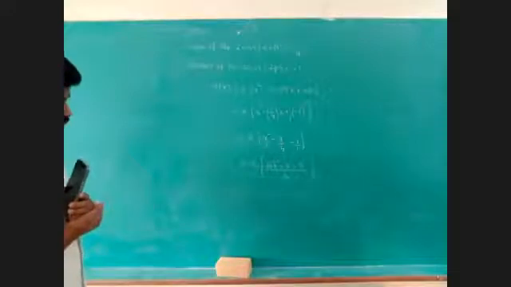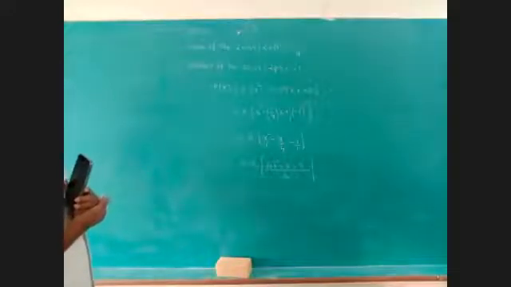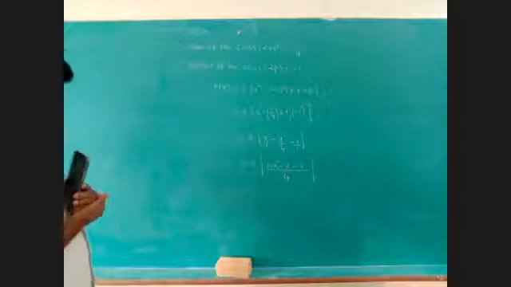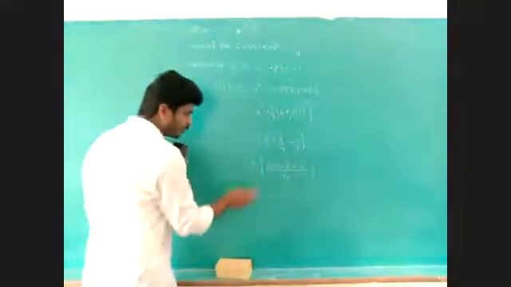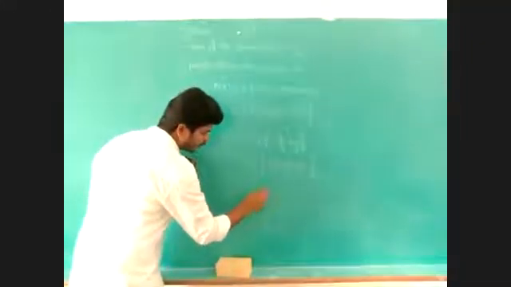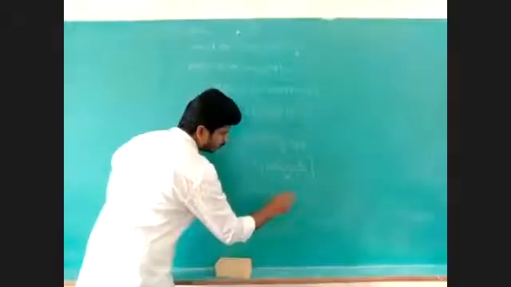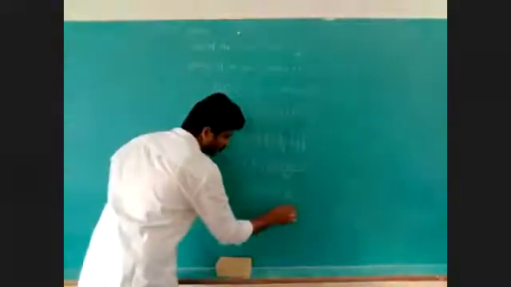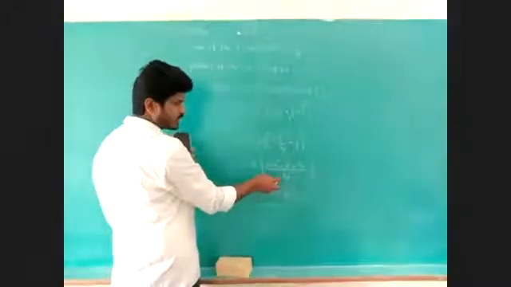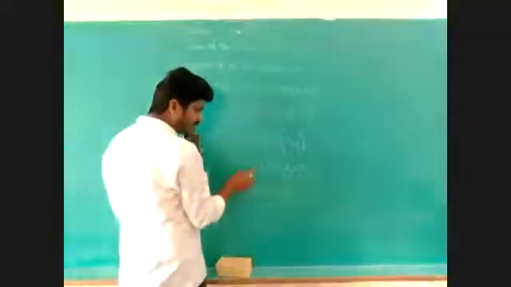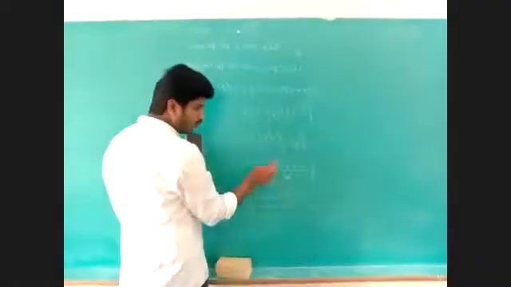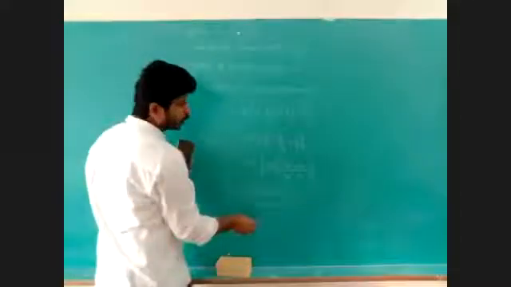Yes, sir. Now here we should put k equal to 4. Why? Because this denominator should be cancelled. That's why this constant term should be 4, so put k equal to 4.